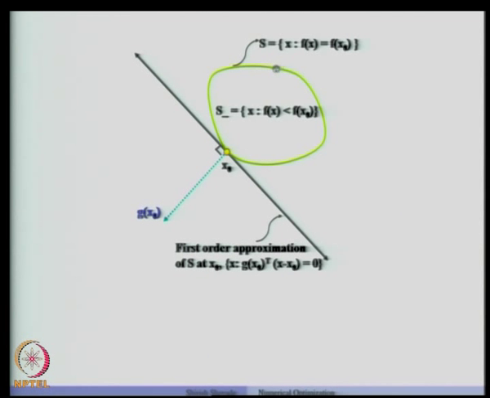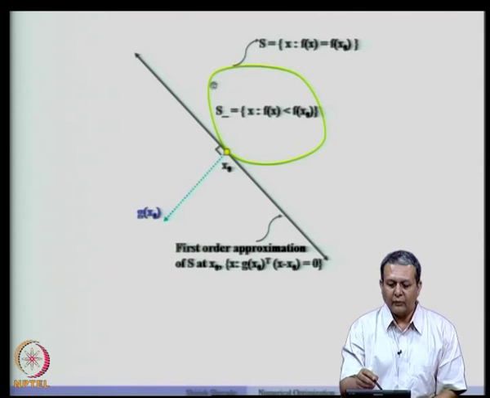So, here in the figure we have shown one contour of the function related to a particular function value. Let this point be x0. S is the set of all x such that f of x equals f of x naught. So, the value of the function on this contour is f of x naught.